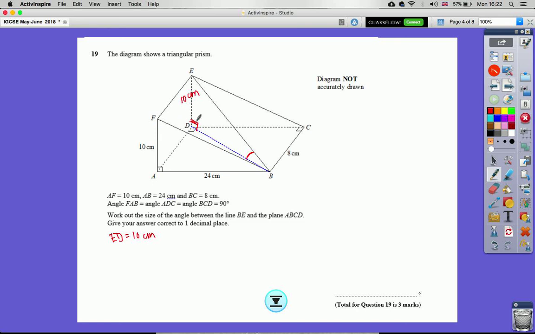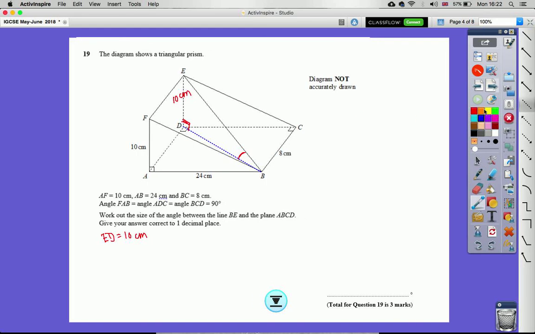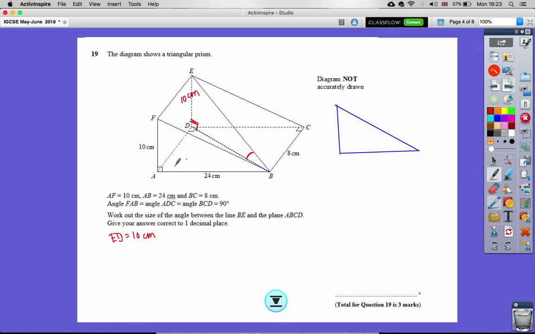Before I find the angle, I'm going to use Pythagoras' theorem to find the length BD, using the lengths BA and AD. So let's look at this triangle here, the base, ADB.